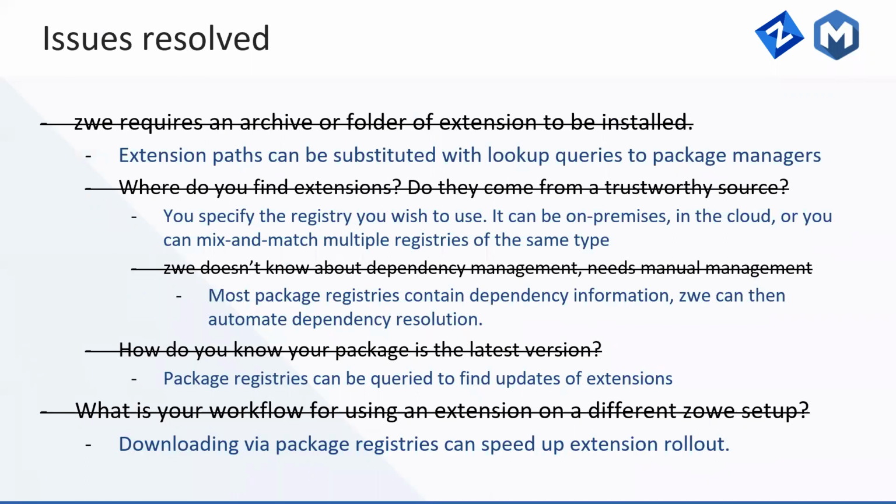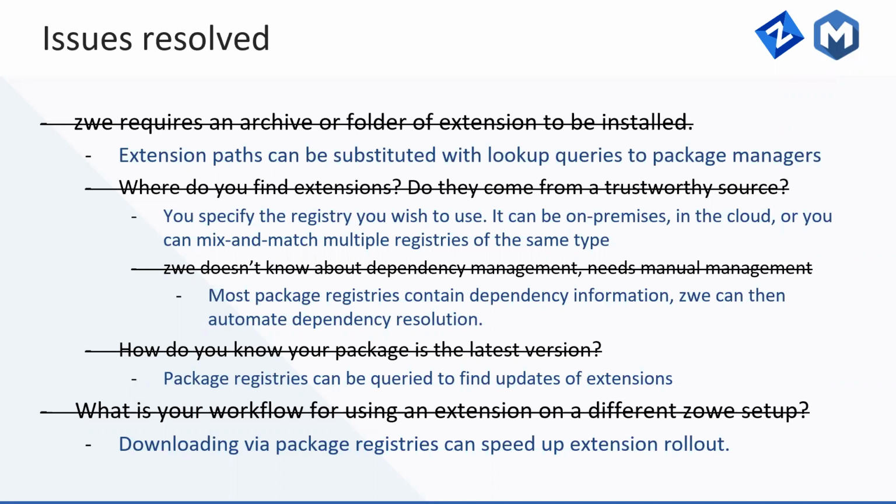So just coming back to the problems that I had at the beginning of the presentation, here are our solutions. Originally I said, gee, it's not great that ZWE needs to be pointed at an archive or folder of an extension.